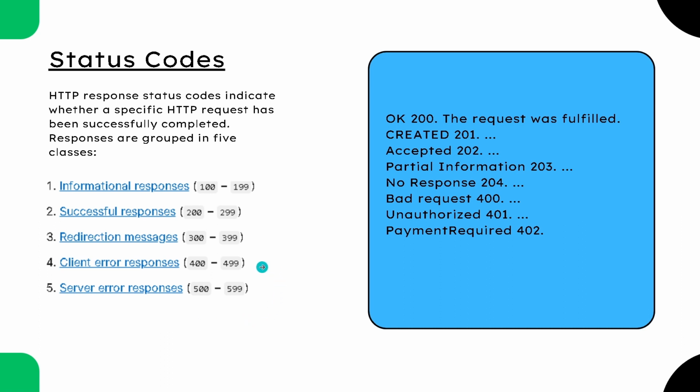Similarly guys, different status codes have different meanings. Between 400 to 499 it is considered as client error responses. 300 to 399 is considered as redirection messages. 100 to 199 is considered as informational responses. So different status codes have different meanings.